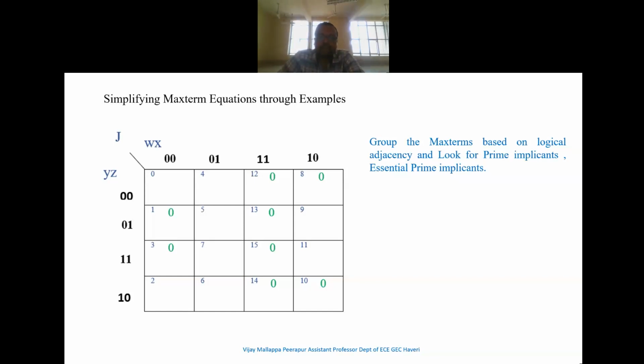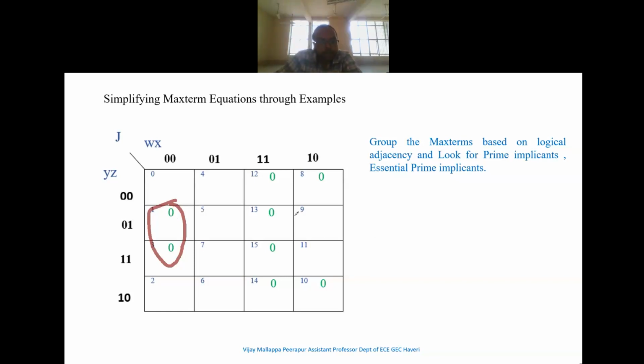As I said here, you should always go for the maximum number of max term group or the maximum number of min term group. Now you can see that we have 0 here, and we cannot combine this group of max terms with any other.